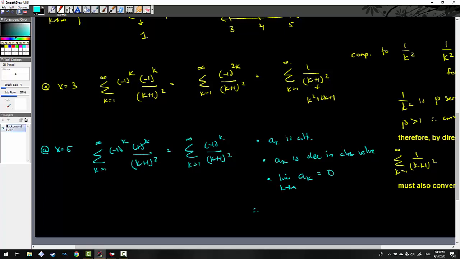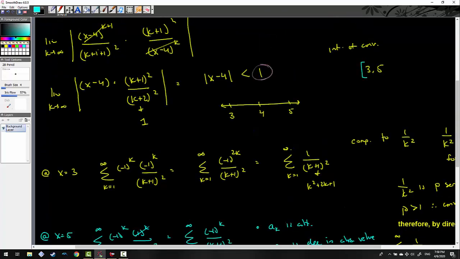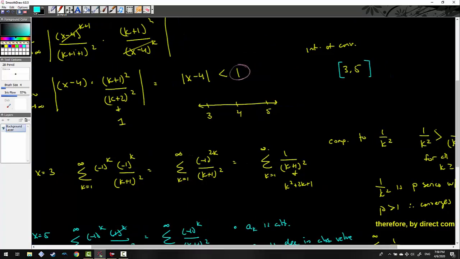So we can say, therefore, the summation of negative 1 to the k over k plus 1 squared converges by alternating series. Because we are converging at 5, we are hard bracketed in. From 3 to 5, we are converging, and our radius of convergence is 1.